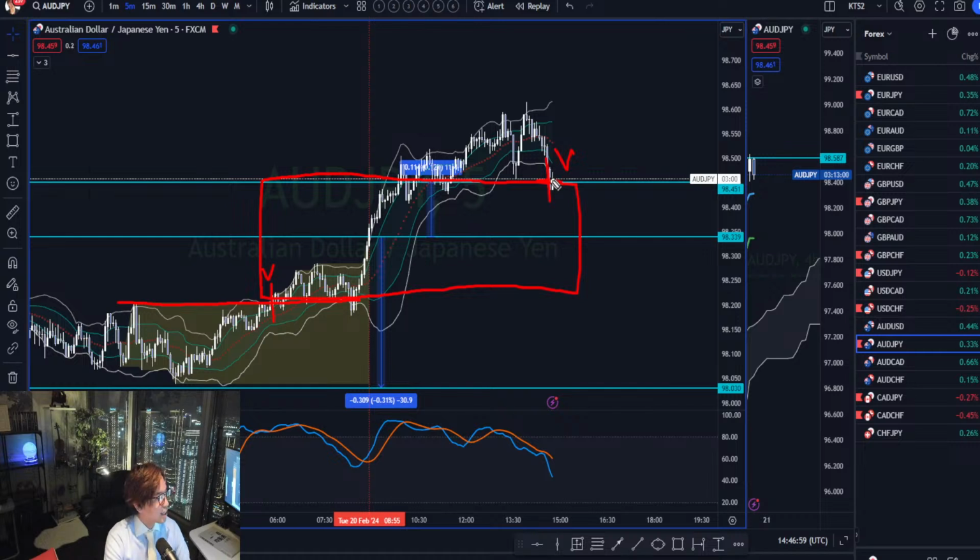So you may feel that you're missing out the top part and the bottom part of the market, but it's okay, because we are not here to capture all the way from the bottom to all the way to the top.